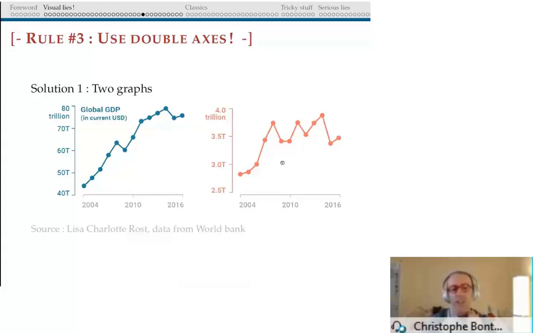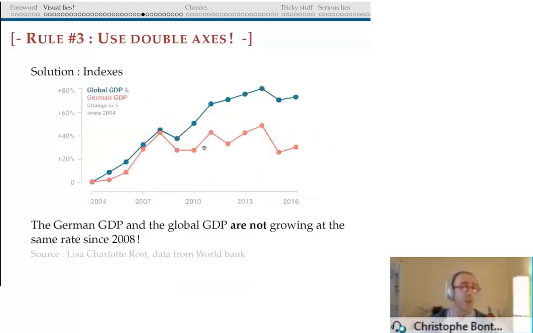Or you can do something that's called indexes. You want to see the evolution. So if you want to see evolution and you have different values, you should provide the computation of the evolution. And to provide the evolution, there is something very simple. It's called indexes. You start both at 100 and you compare the evolution.